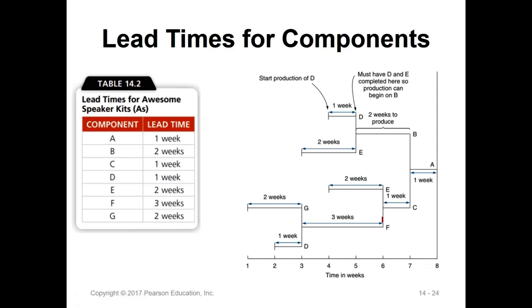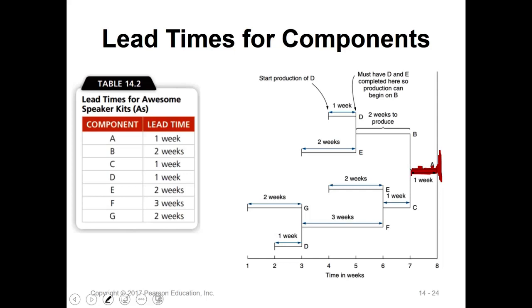So for example, we start from the end product. A will be produced in 1 week. If this is the customer delivery time, you need to push 1 week to give 1 week for A's production.